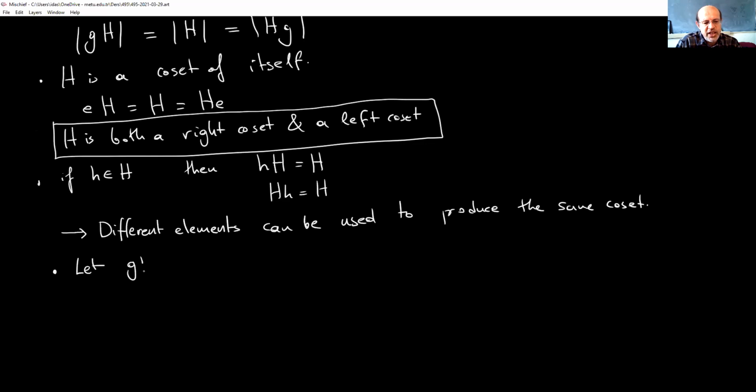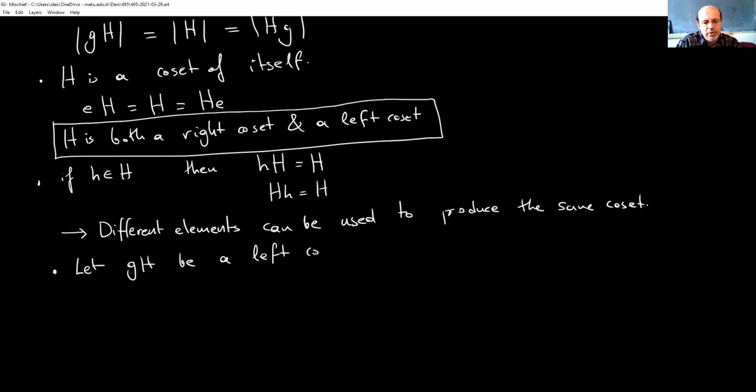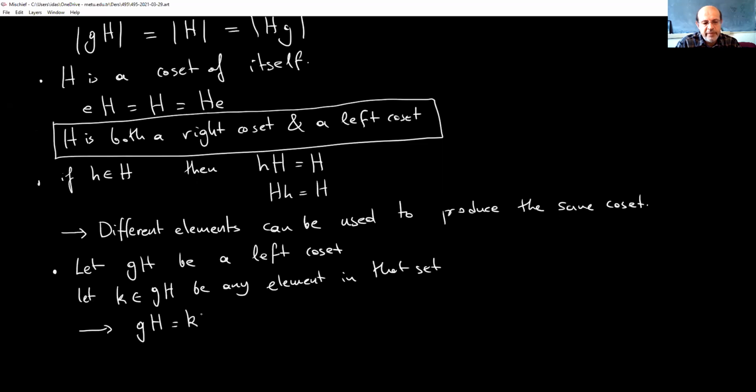Let GH be a left coset. Let K be any element in that left coset, in that set, right? So I'm going to claim that GH can also be generated by KH, right?